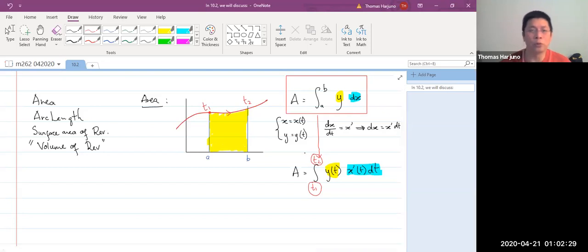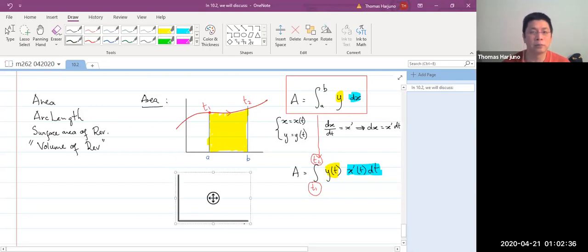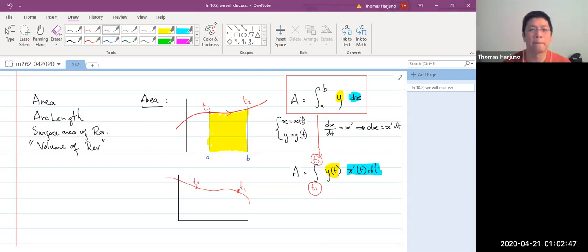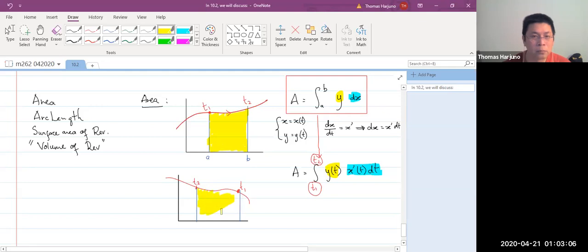Okay. Now, suppose the curve is actually going this way. Let's say this is the t1 and this is the t2. Then the area for this case will be the integral from t2 to t1 because t2 is on the left-hand side.